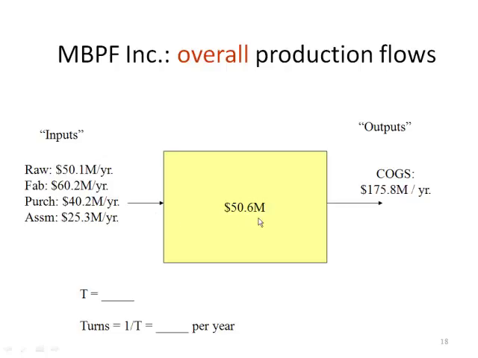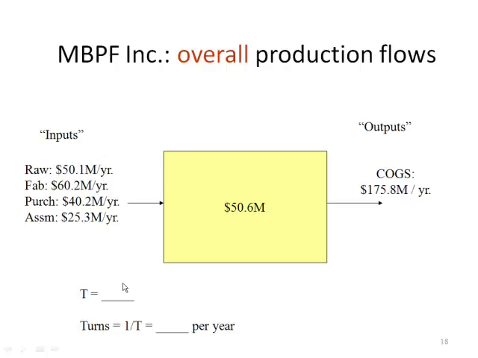And we have our inventory of $50.6 million. Now what's nice about talking about this in terms of dollars is we don't have to look at one bracket and say, oh, that one bracket's worth $3, the other one's worth $4.50. If we look at this in terms of dollar flows, we avoid comparing apples and oranges. We're talking about dollars all the way through.